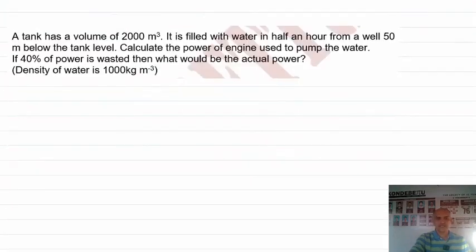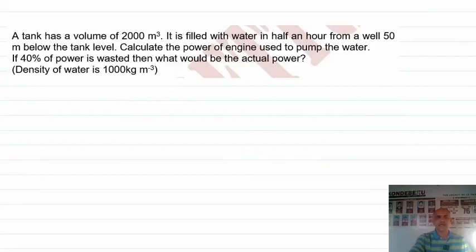If I take another problem: a tank of volume 2000 meter cube. So volume he has given. It is filled with water in half an hour, so time he has given, from a well 50 meters below the tank level, means H, or you can say depth.